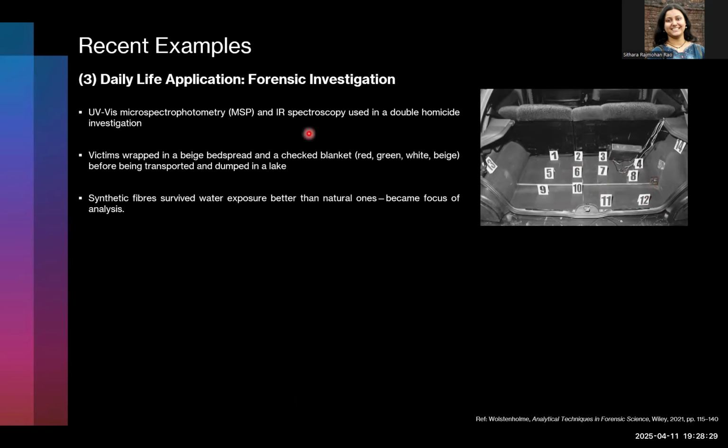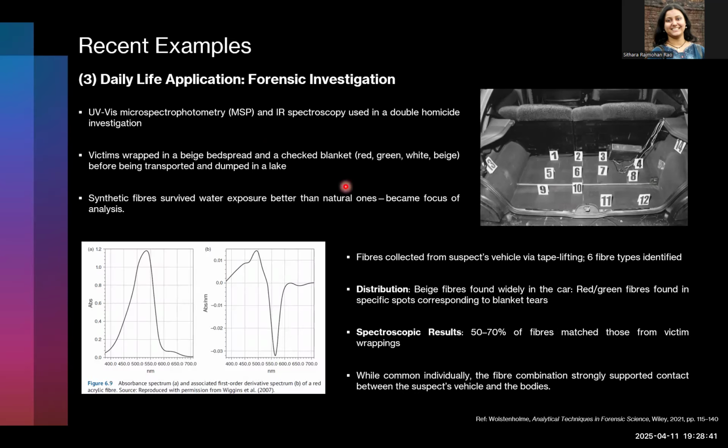For this specific analysis, they used IR spectroscopy along with UV-Vis microspectrophotometry. Microspectrophotometry is the analysis of small microscopic samples, which can measure light transmittance, reflectance, absorbance, and fluorescence all together. The fibers were collected from the vehicle using tape lifting. They found beige fibers widely spread in the car, but the red and green fibers were found only in specific spots where the blanket had tears, which is why the fibers may have escaped.